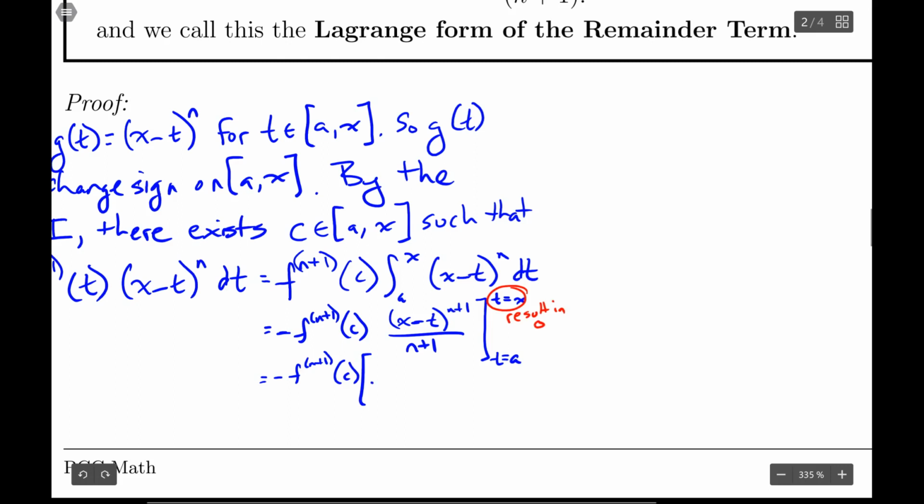So then we subtract the result of what happens when we plug in a, which is going to be an x minus a to the n plus first power over n plus 1. We can simplify this a tiny bit. This is two negatives canceling to be a positive. So we get an n plus first derivative at c multiplied by x minus a to the n plus 1 over n plus 1.